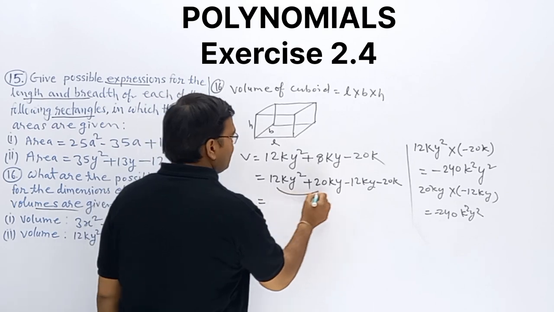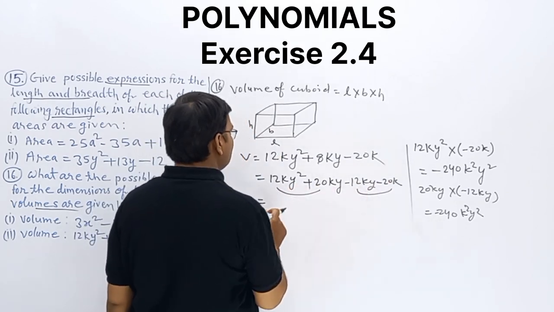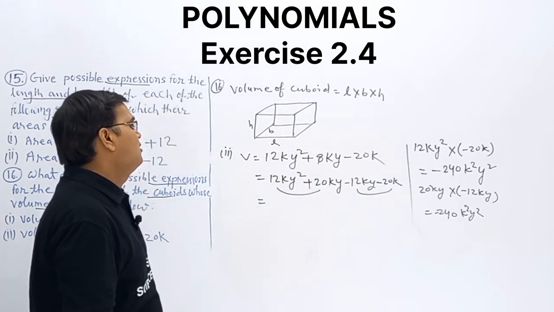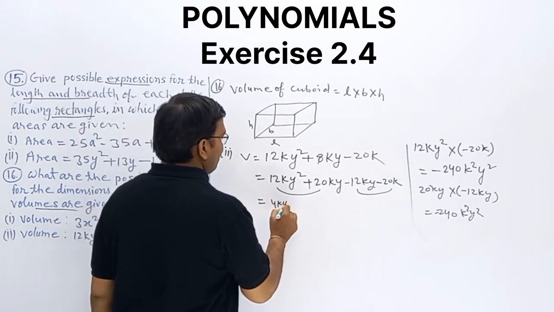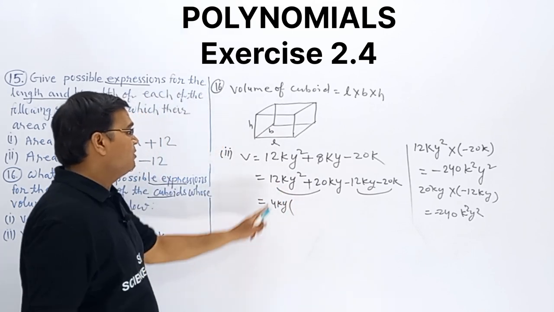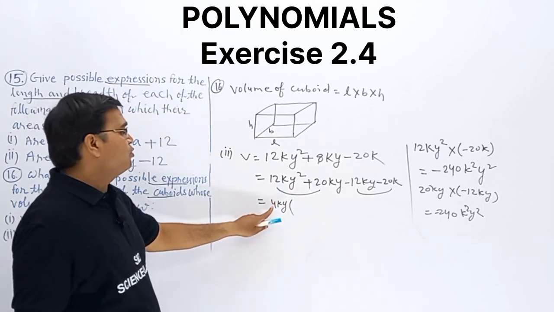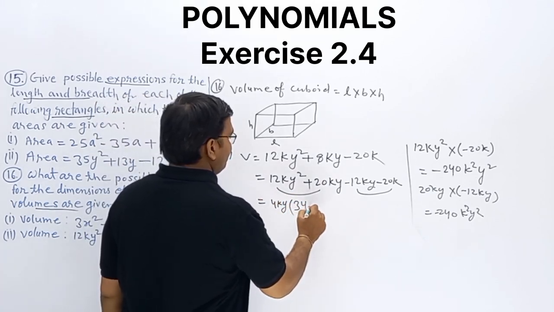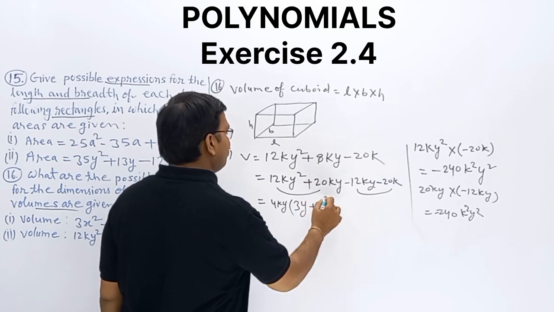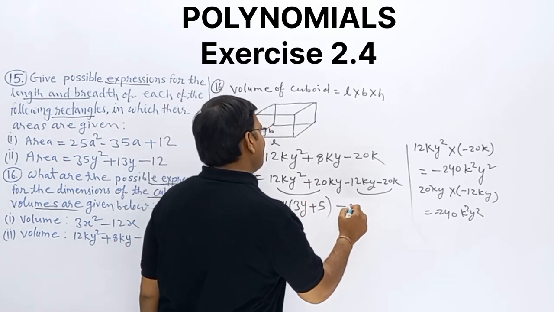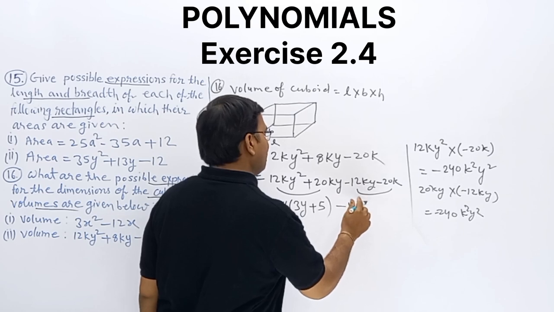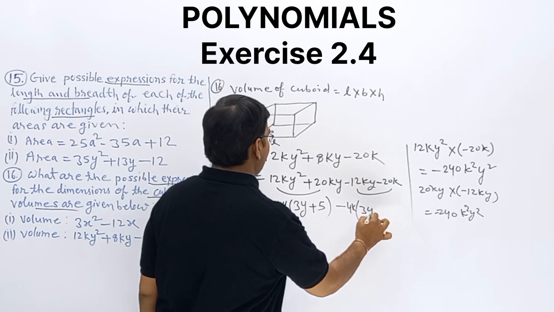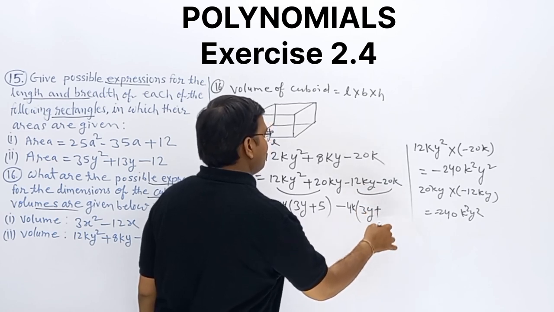So take common in this one and this one. What is common in both? ky is common, okay. And the remaining 4 we can take: 4ky. 12 divided by 4, how many times is it going? 4 threes are 12, k is outside, y is remaining, 3y, plus 5 fours are 20, 5, take minus outside. 4k is common, then 3y, and outside minus, so this will be plus 5.